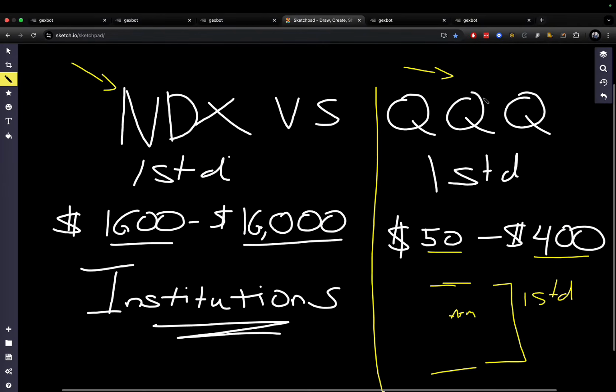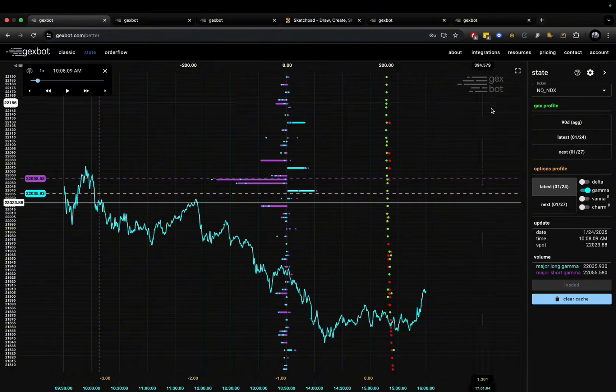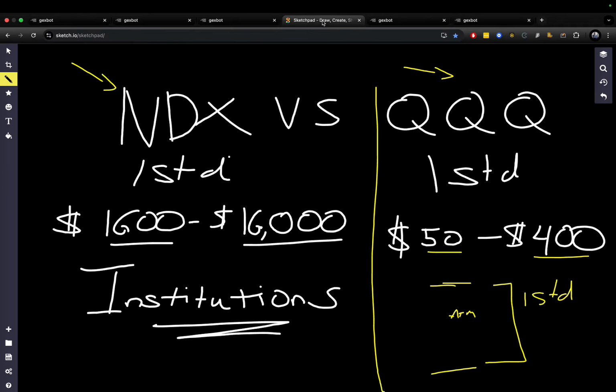I was chatting with someone in Discord and he told me, oh, I like to see QQQ because NDX is very difficult. And then they asked, why do you guys use NDX to do the analysis and not QQQ? The way I see it is that QQQ is kind of a place for retail.